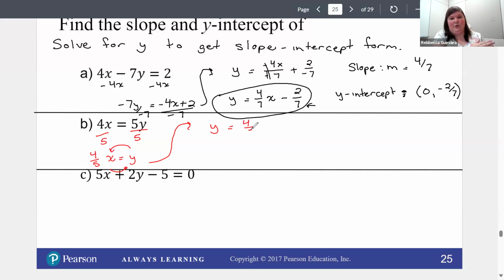That leaves me with 4/5 x. So we see, because this is going to be my slope, that's 4/5. If we want to talk about that intercept, we don't have one necessarily on there. It doesn't mean it doesn't exist. Think of it as like there is a 0 added on here.